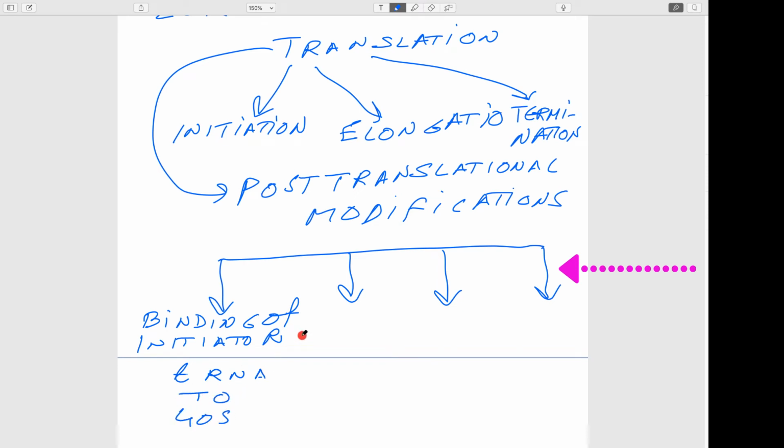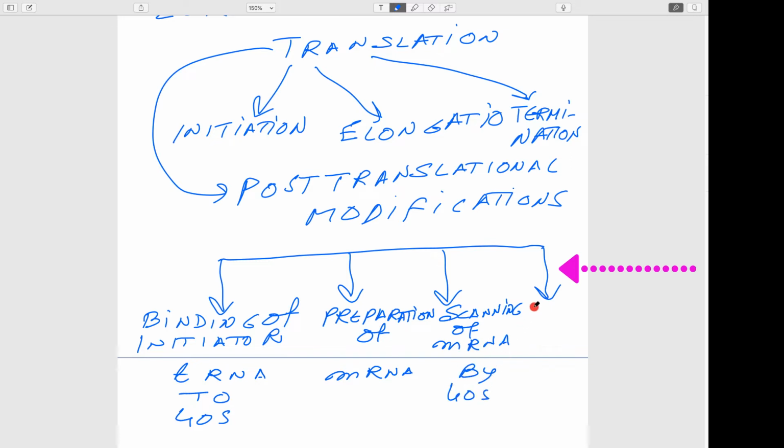The second one is preparation of messenger RNA.